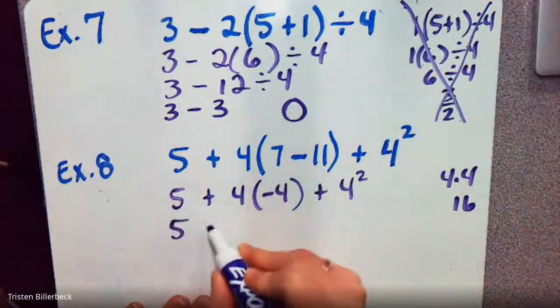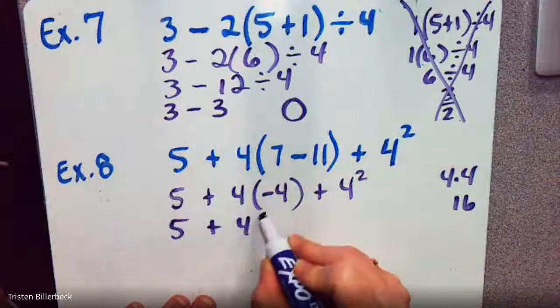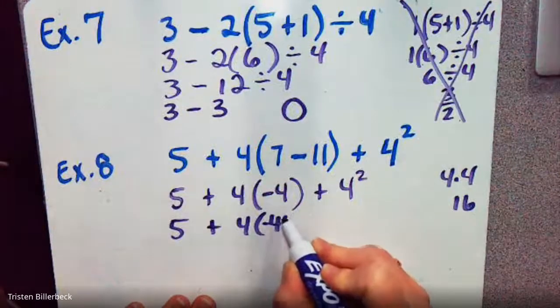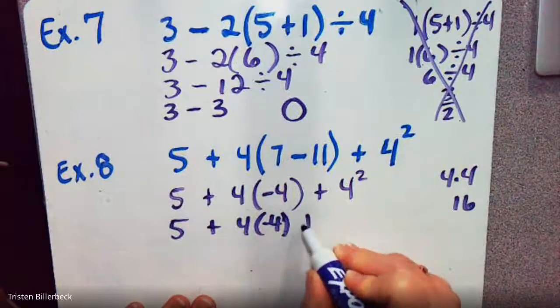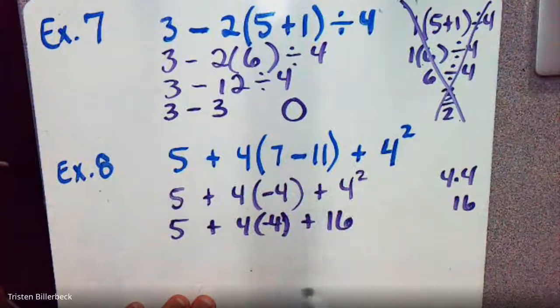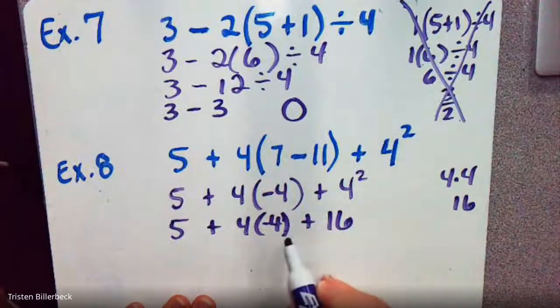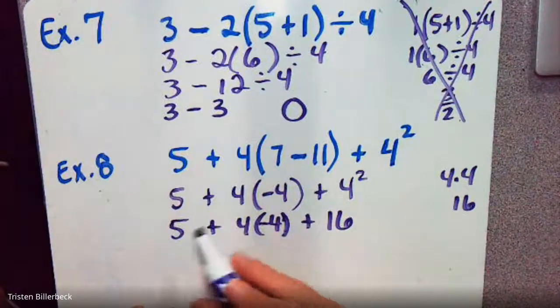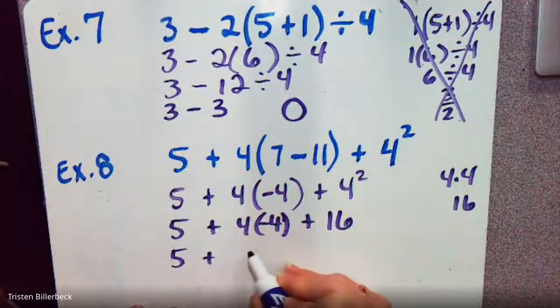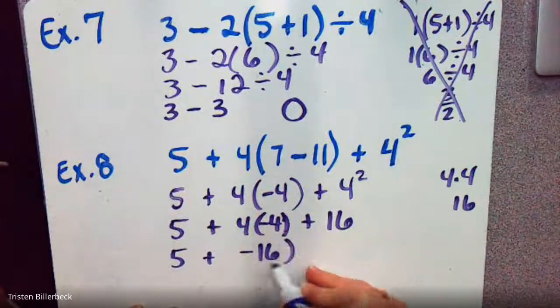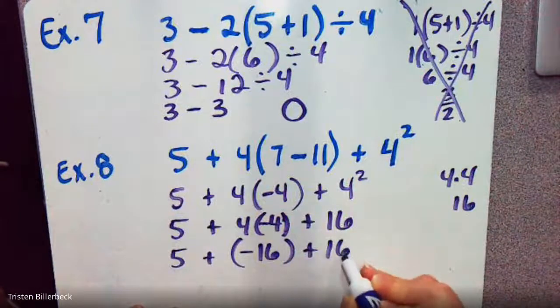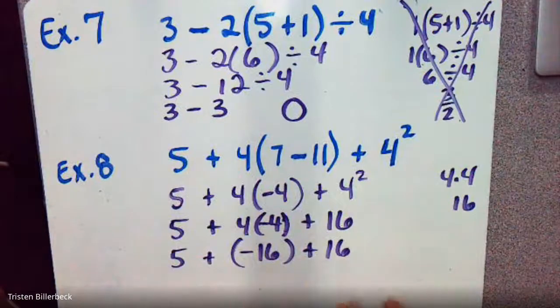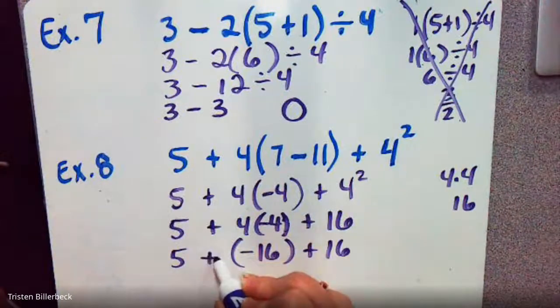So we have 5 plus 4 times negative 4 plus 16. Now we look, we see we have multiplication we have to do. So 4 times negative 4 would just be negative 16. And then at this point we can do this first, but we see negative 16 plus 16 is 0, so we're going to end up with 5.